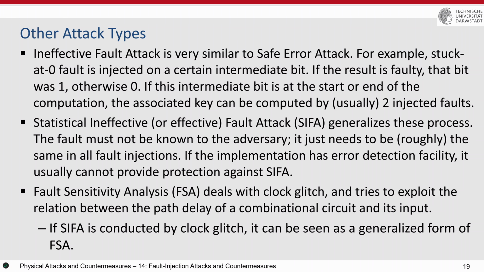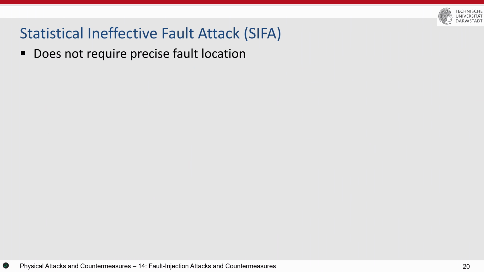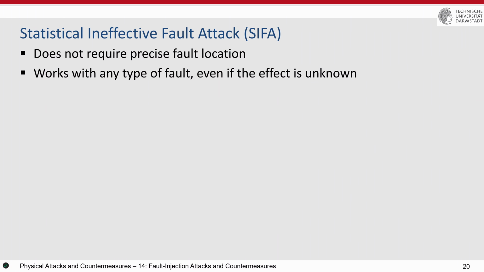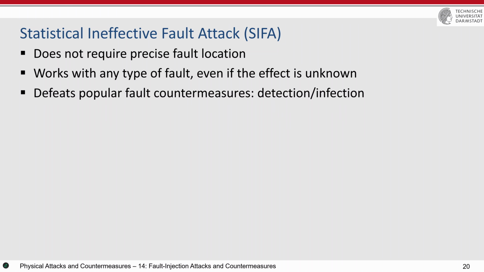Now, the concept of SIFA, how this works: it does not require precise fault location and works with any type of fault, even if the fault is unknown. And it can defeat popular fault countermeasures like fault detection and infection. There is also a countermeasure called infection countermeasure.